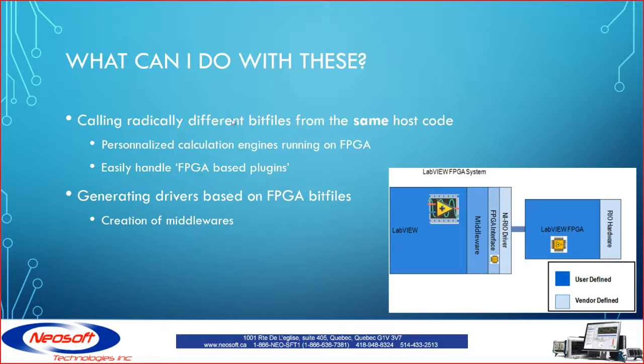So the type or the prototype of the bitfile will no longer be used to access the entire bitfile, but just to access a specific resource that you want to read or write, or the DMA that you want to read or write.